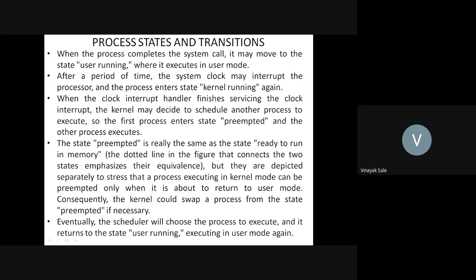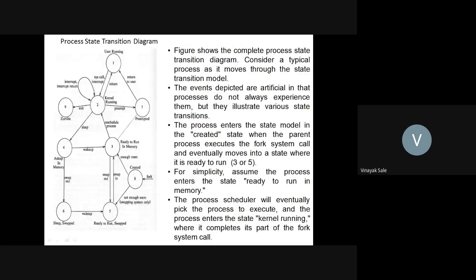When the process completes the system call, it may move to the state user running, where it executes in user mode. After some time, the system clock may interrupt that process and it enters kernel running mode again. See in this figure.